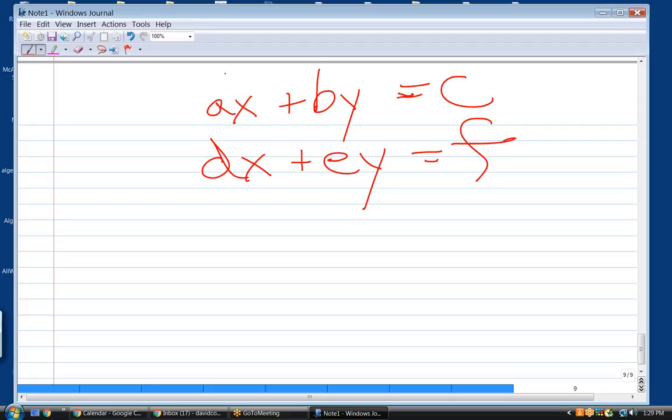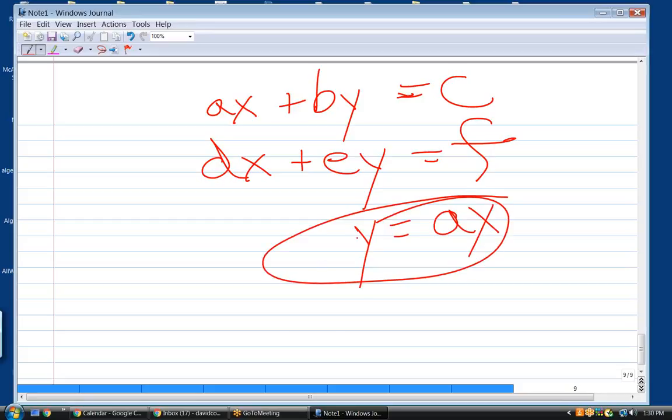And by subtracting or adding these 2 equations, we're going to be able to eliminate one of the variables. If the second equation is given to you like this, instead, where y is completely defined, or like this, where x is completely defined, then I can use substitution.